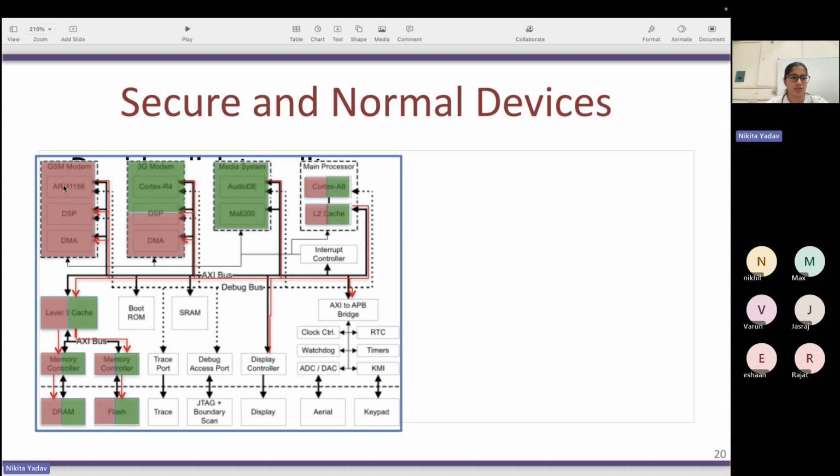For example, here this GSM modem is being configured such that only when the secure world is running, only at that time this device can be accessed. If the normal world tries to access this device, it will not be able to. So we can configure the peripherals as well, and we can pass this NS bit there also.